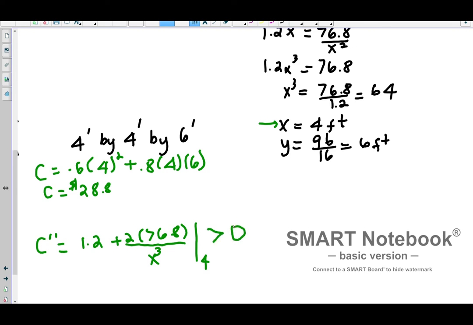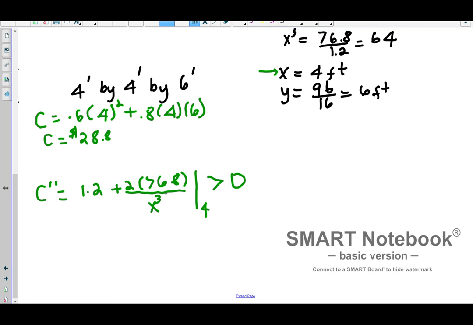So all I really care about is that this quantity is greater than 0, it's positive. And because it's positive, its second derivative, what does it tell me about concavity? That the function at x equals 4 is concave up. And if it's concave up, that means at x equals 4, we have a minimum of the cost function.